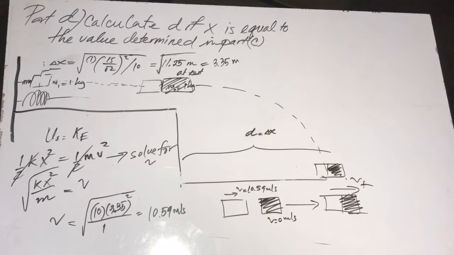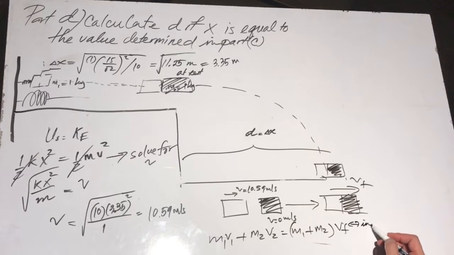So we want to figure out m1 times v1 is equal to m1 plus m2 times vf, because that's inelastic. Sticks together.